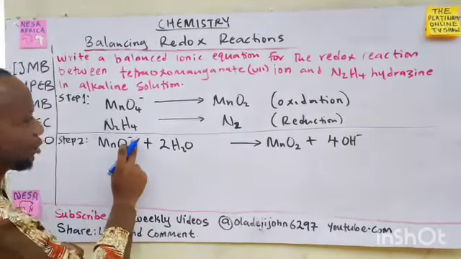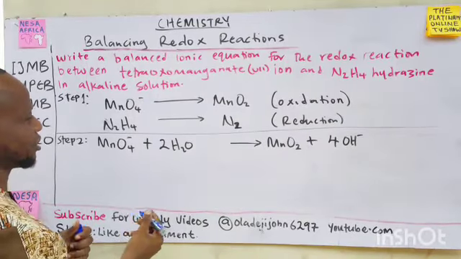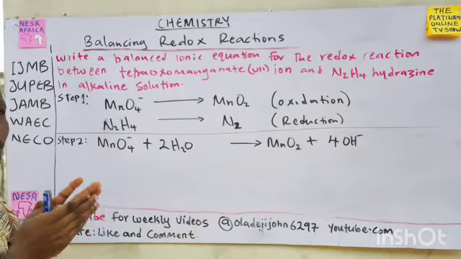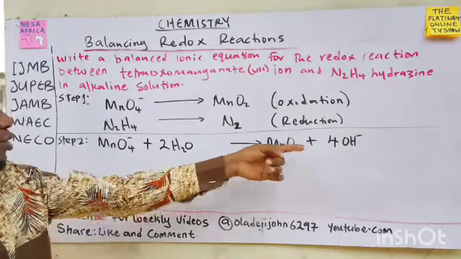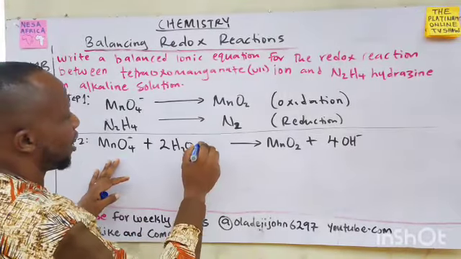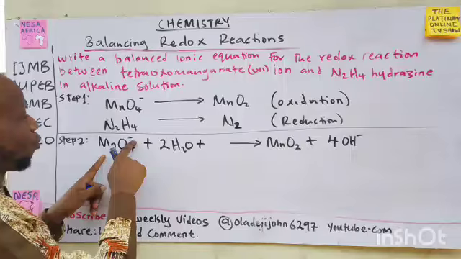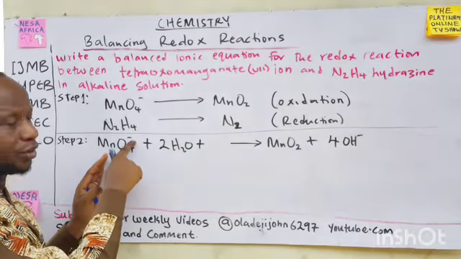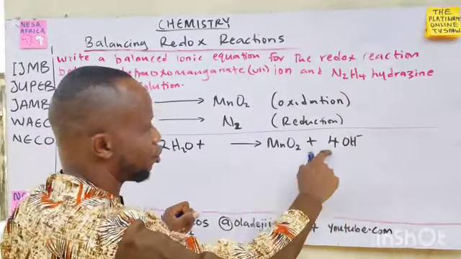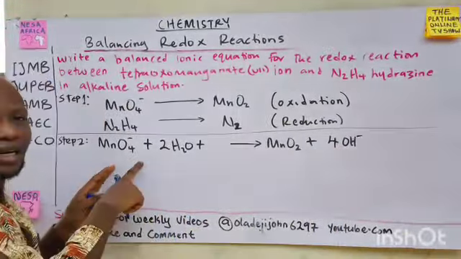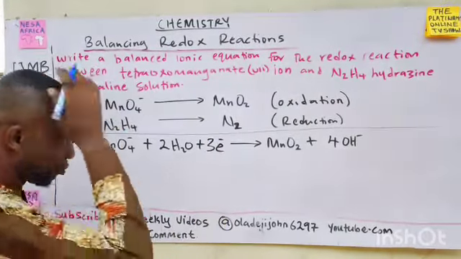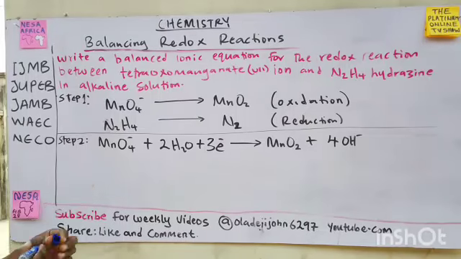Then we balance the charge to see how much deficiency. In this case, wherever the deficiency is, that is where we write the electrons, because we might not get the same as in acidic. Here we have 1 negative charge on the left, and nothing here on the right; with the coefficients we have 4 negative charges. So this is 3 deficient, so we add 3 electrons here. That's for half 1.